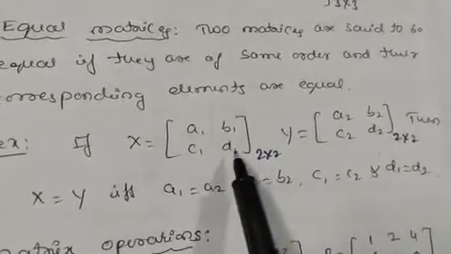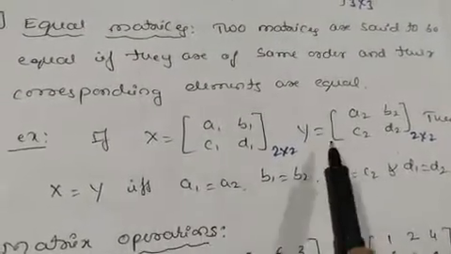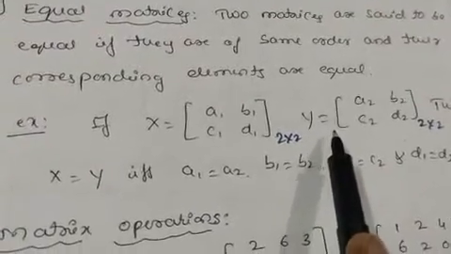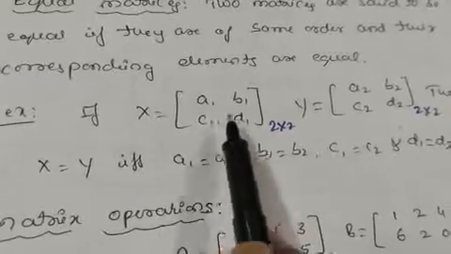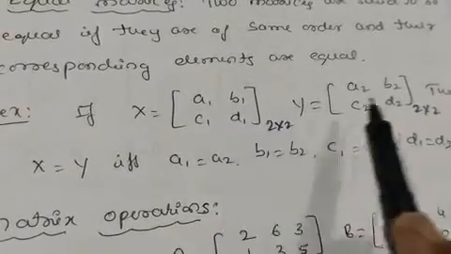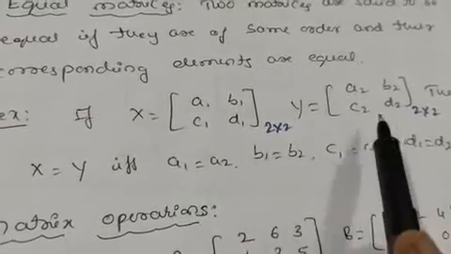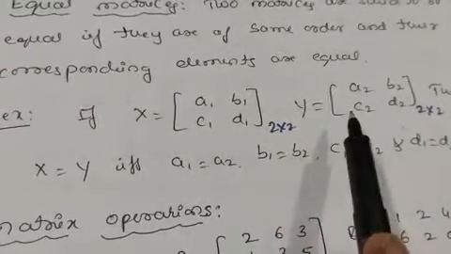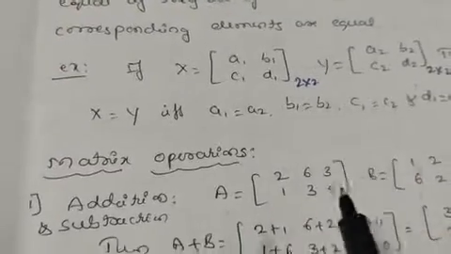Only then can we equate these two matrices. If two matrices are equal, then the corresponding elements must be equal, that is, A1 equals A2, B1 equals B2, C1 equals C2, D1 equals D2.